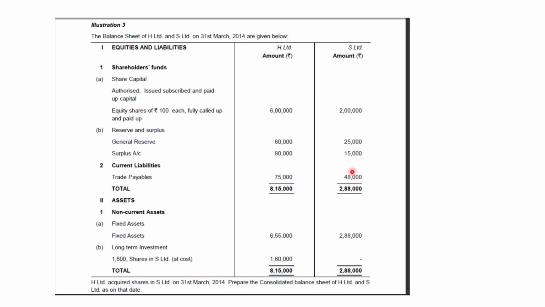Other things are shareholders fund itself, so we shall not deduct these. We shall deduct only 48,000 from 2,88,000. The answer will be 2,40,000. So 2,40,000 is the total net asset of subsidiary company.